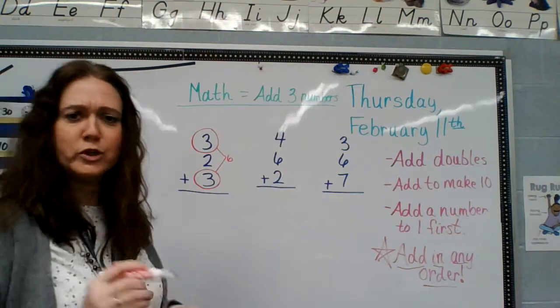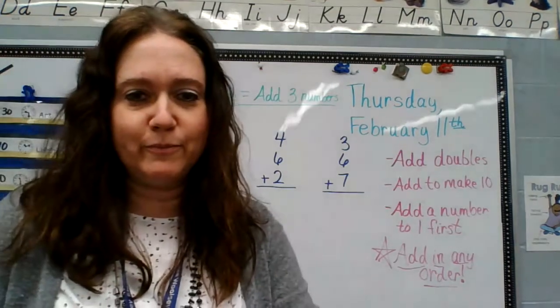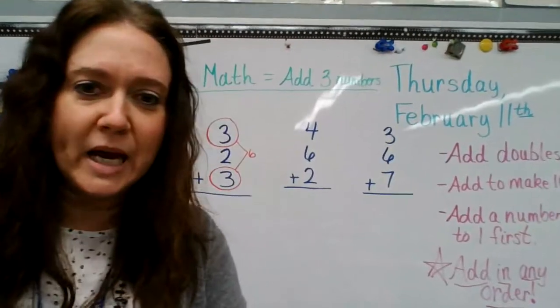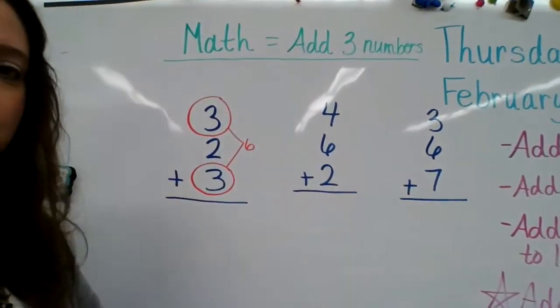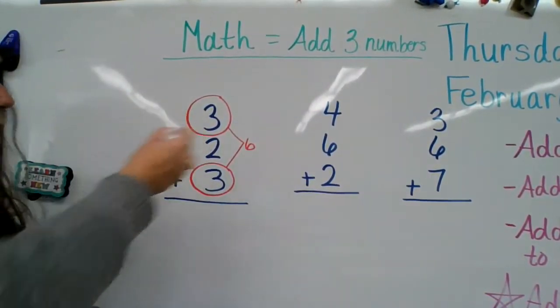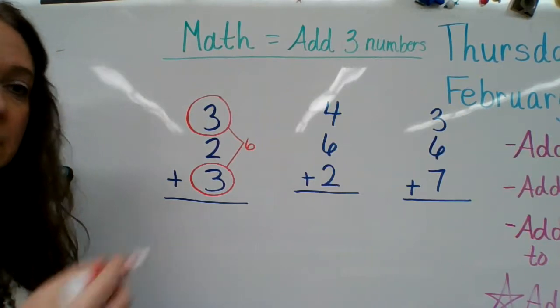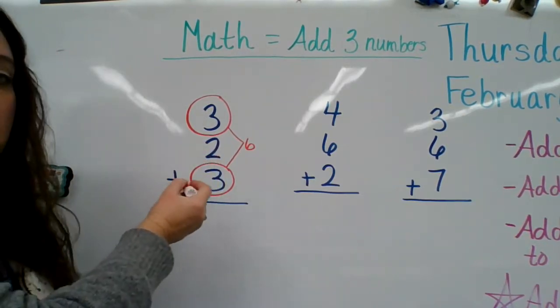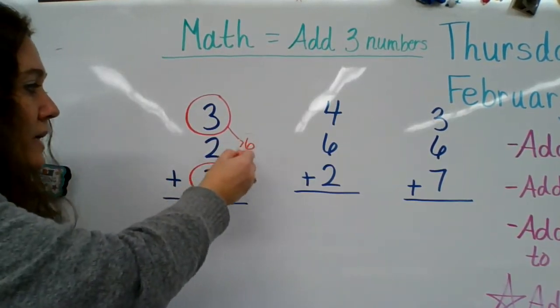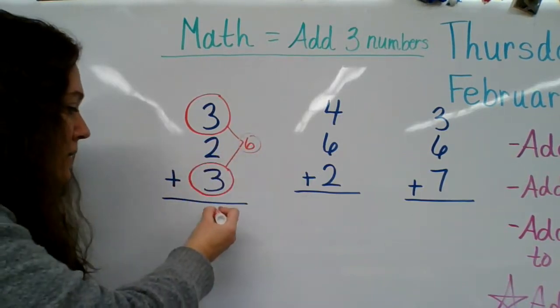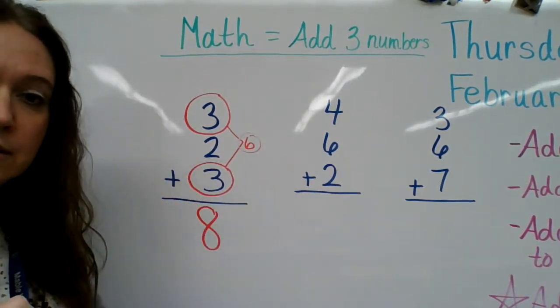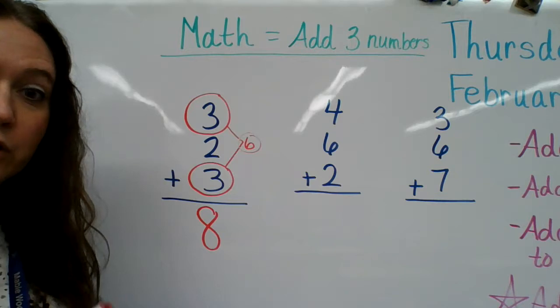Now, hopefully you can see that. I'll scooch this up. I wrote it so tiny. Okay? So, 3 plus 3 is 6. Now we have to add 2. I would do like 6, 7, 8. So I added a double first.